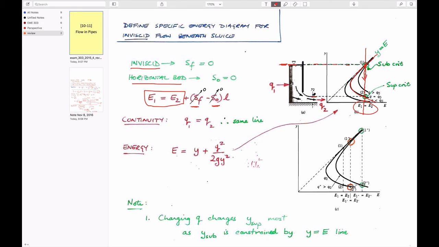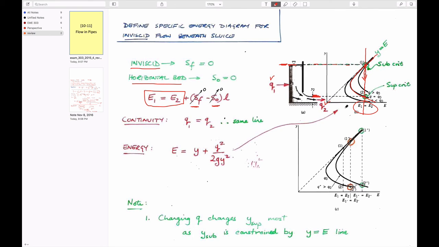And you know that when you constrict it, so long as the flow doesn't change, as long as Q1 is the same as Q2, then you'd come along this line. And as you go downstream, the only condition that this can take is going to be on this line at this point.